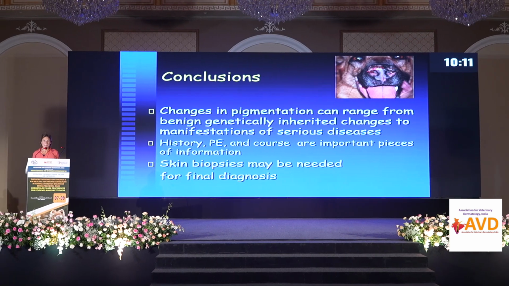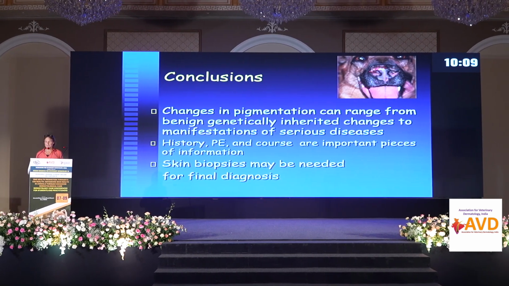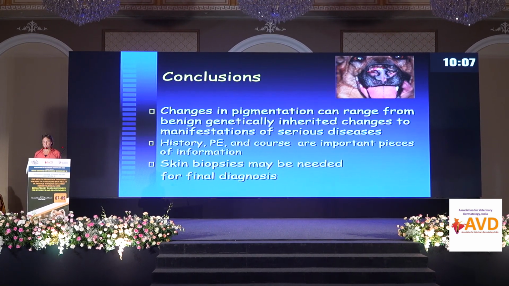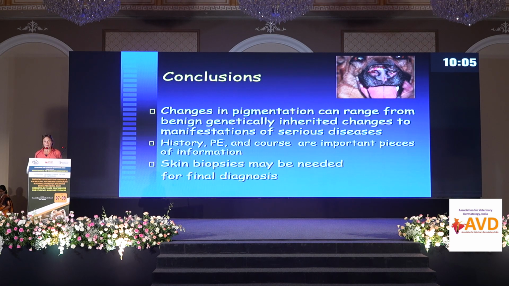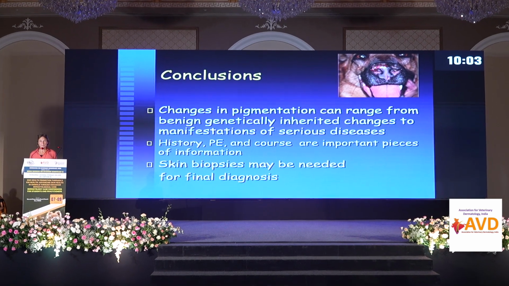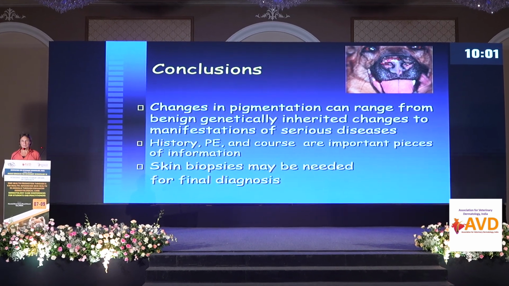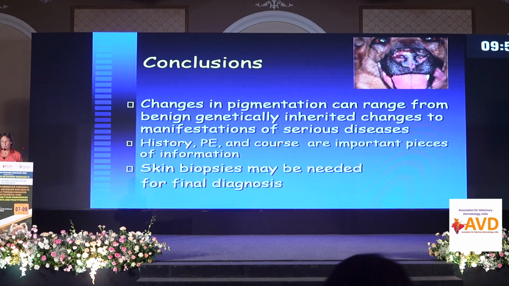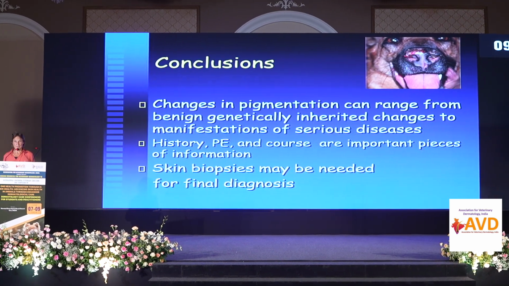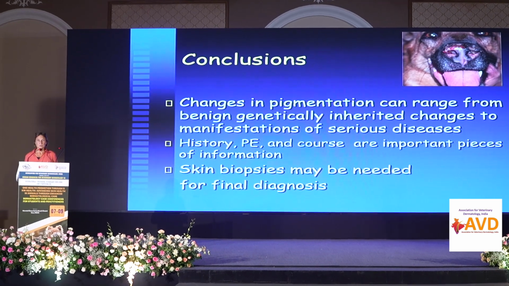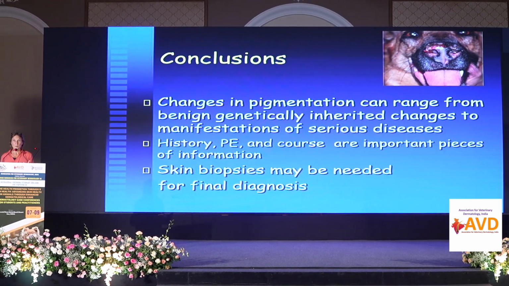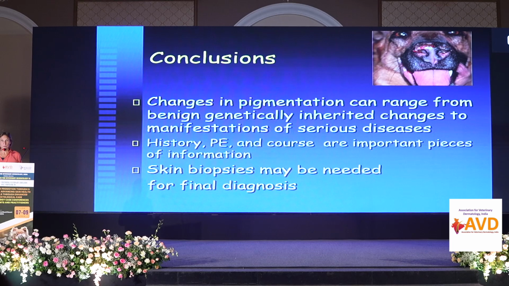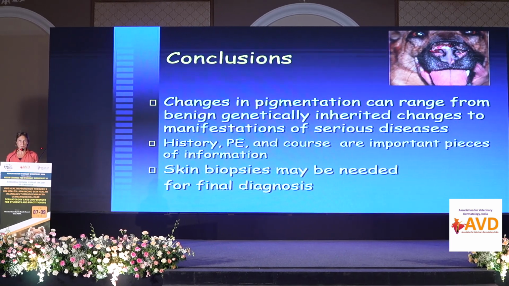So to summarize, we have looked at different examples of changes of pigmentation, ranging from the benign pigmentation changes that could be genetically inherited or acquired, like a vitiligo, all the way to much more serious diseases. So the way to go about it is, once again, to consider your history and your signalement.